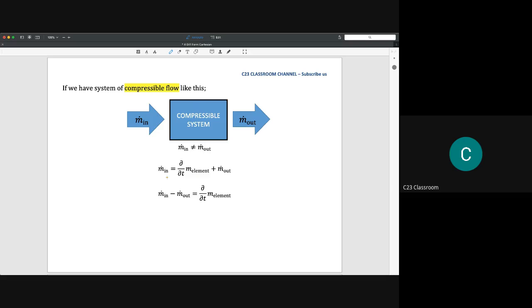So we write m dot in, the mass flow rate at inlet, is equal to the changes of mass inside the system plus the mass flow rate at the outlet. Again, this can be rearranged, and we could write m dot inlet minus m dot outlet equal to dm dt. So this is the basic idea of how to remember this equation, for both incompressible and compressible flow.